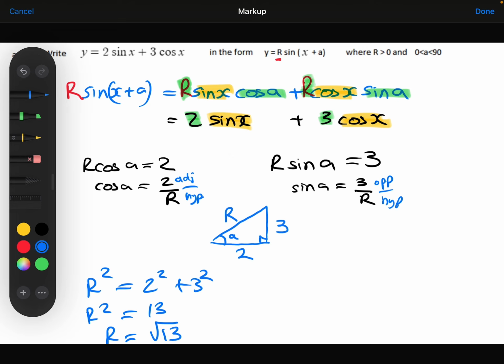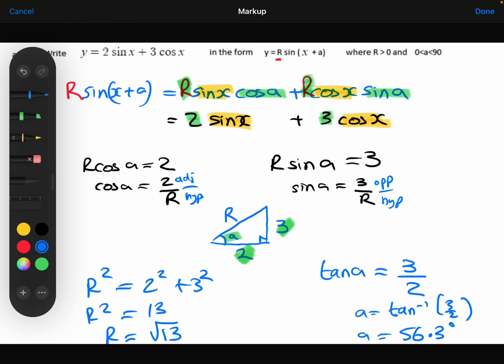I can calculate the a, because here's my a, this is the opposite, this is the adjacent, so tan a is the opposite divided by the adjacent. So a is going to equal tan inverse of 3 over 2, which is 56.3 degrees to 1 decimal place.